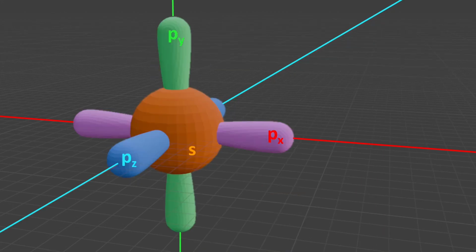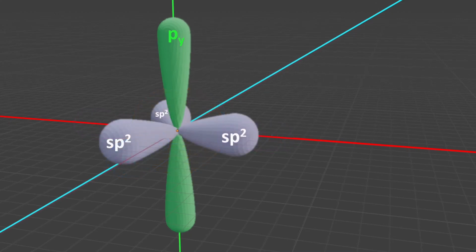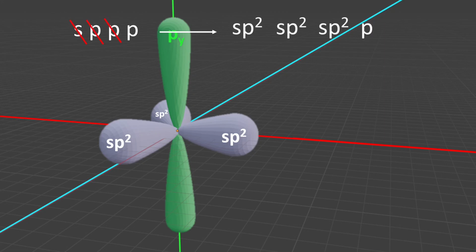The second type of hybridization we're going to talk about is if you only need 3 hybridized orbitals instead of 4. And we will get to the whys of how many orbitals you need in a little bit. But if we only need 3 hybridized orbitals, we will use the s orbital and only 2 of the p's, creating 3 sp2 hybridized orbitals. As shown before, 1 s and 2 p's make 3 sp2 hybridized orbitals.